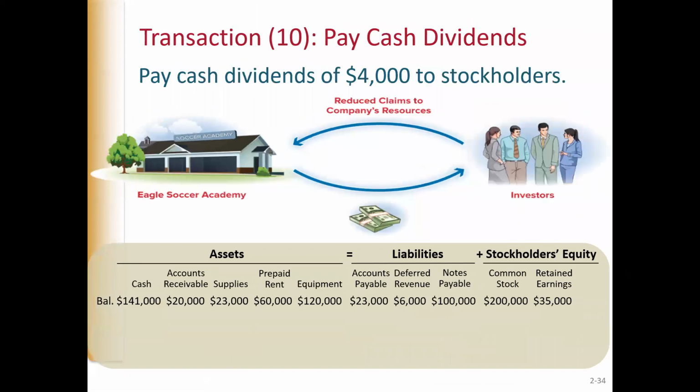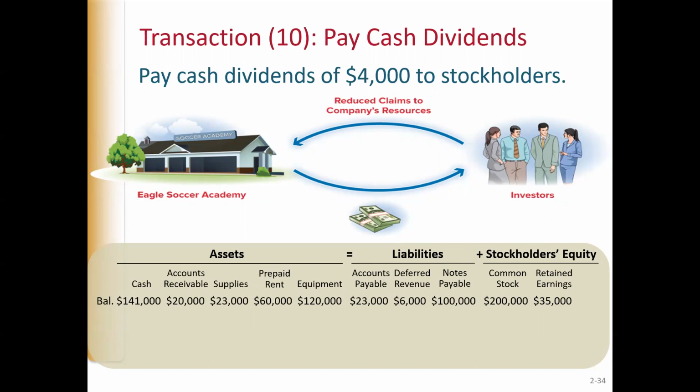So we're still balanced. Now we're going to pay cash dividends of $4,000 to stockholders. What's one thing that's going to decrease, guys? There's two items that are going to decrease here. What's one? Cash.